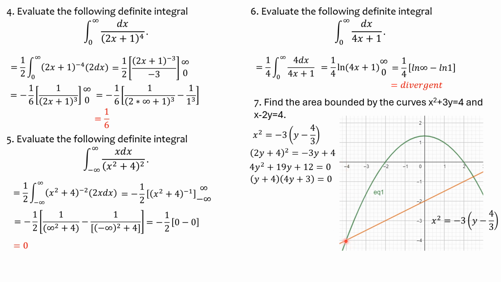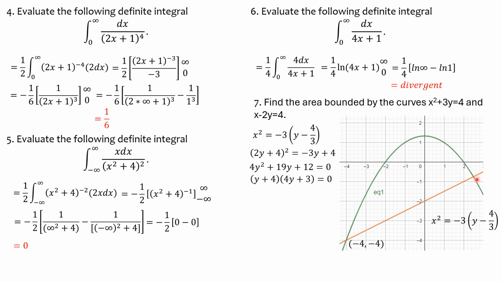And when y is negative 4, x is, from the equation of the line, 2y plus 4. 2 times negative 4 is negative 8 plus 4, so x is also negative 4. So this point is (negative 4, negative 4). The other value of y is negative 3/4.